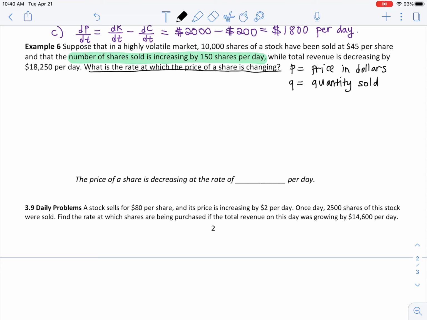The price is changing, yes. But we were given what the first rate is. The number of shares sold is increasing by 150 shares per day. So that highlighted information gives me this. I know that dQ/dt, the quantity sold, is increasing, so I'm going to write 150.